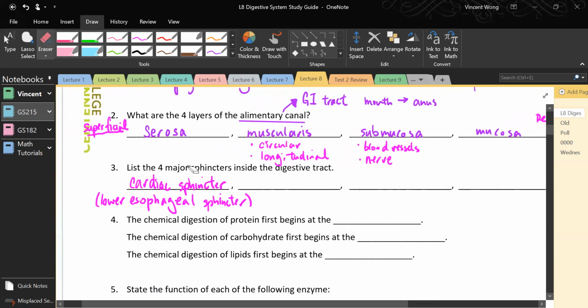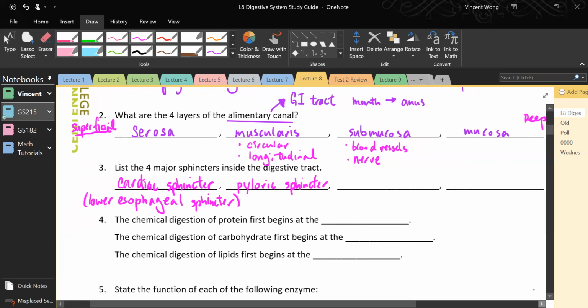If the cardiac sphincter is not closing properly, then you would have a little bit of acid reflux, and you might get a bit of a heartburn. At the bottom of the stomach, we have the pyloric sphincter. Okay, so that controls the amount of food that's going to move from the stomach to the duodenum, the first part of your small intestine.